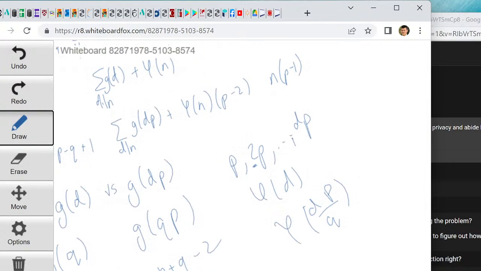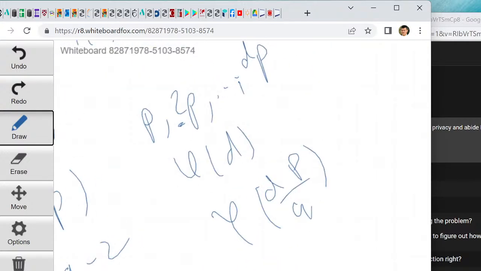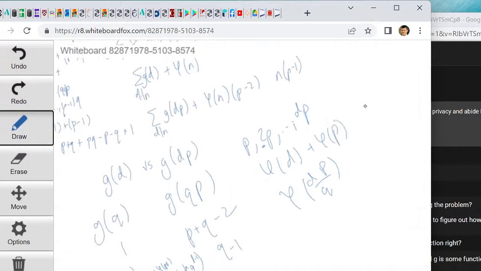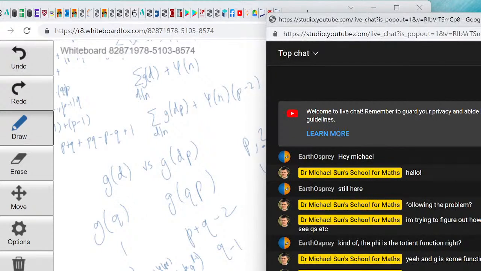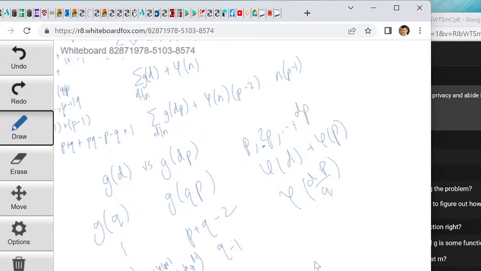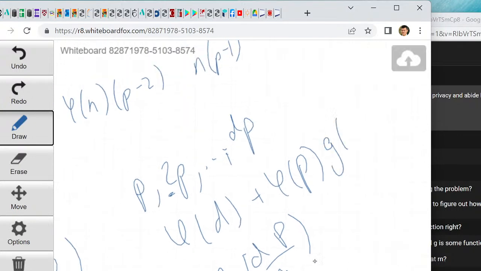If we assume that, then it's phi of D plus phi of P times the phi of P times G of D.